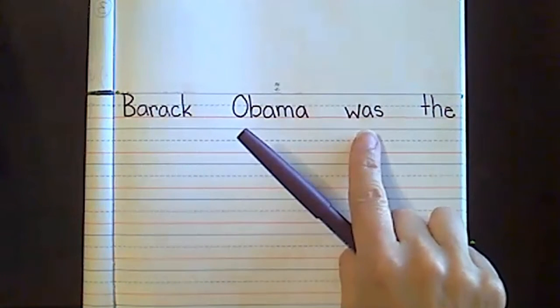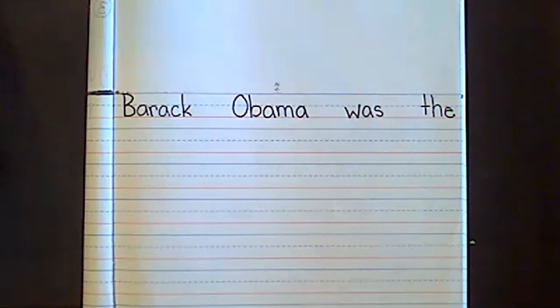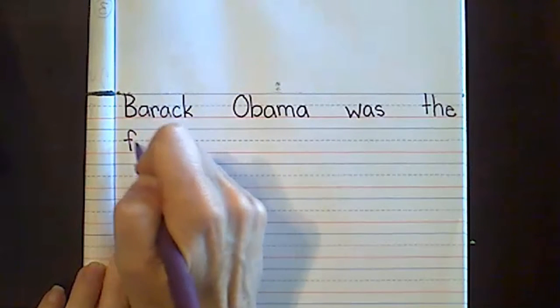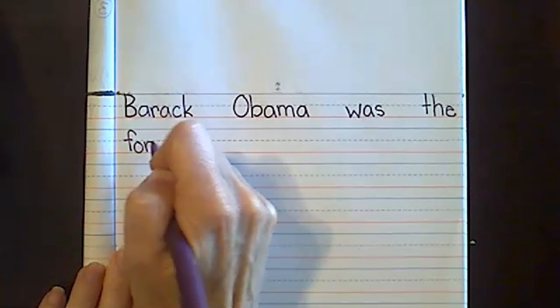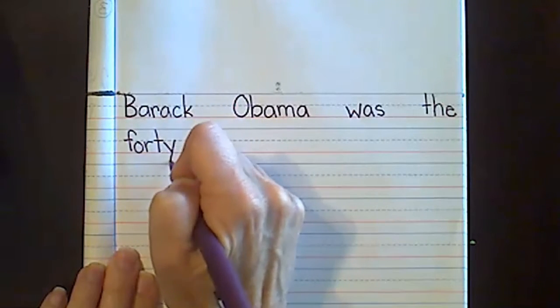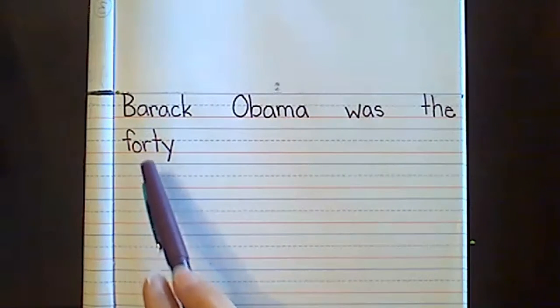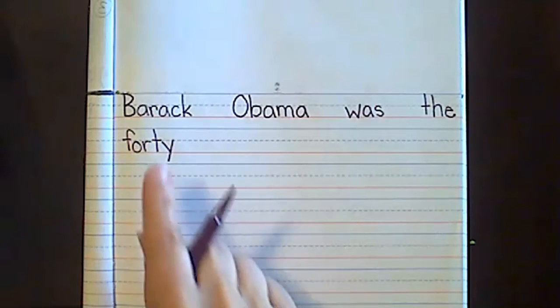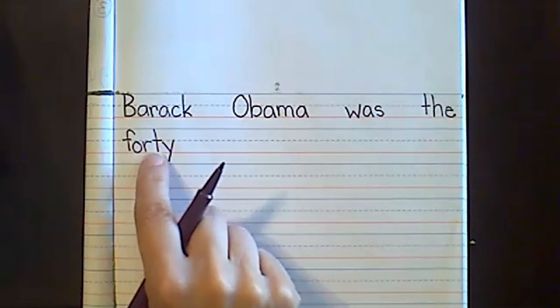Barack Obama was the 44th. So 40. Remember, if we have a two-syllable word and it ends with a long E sound, we know that it's a Y. 40.